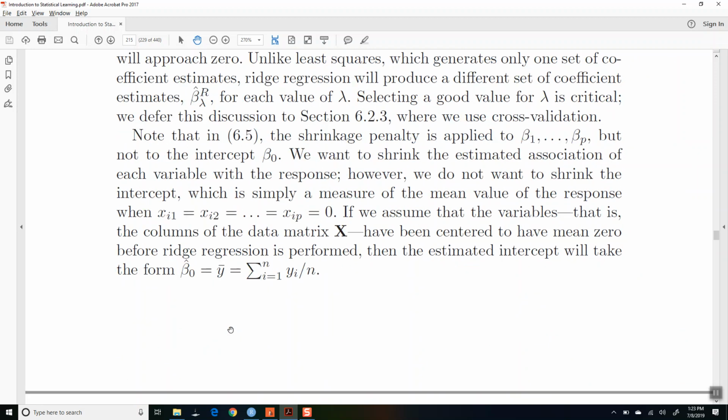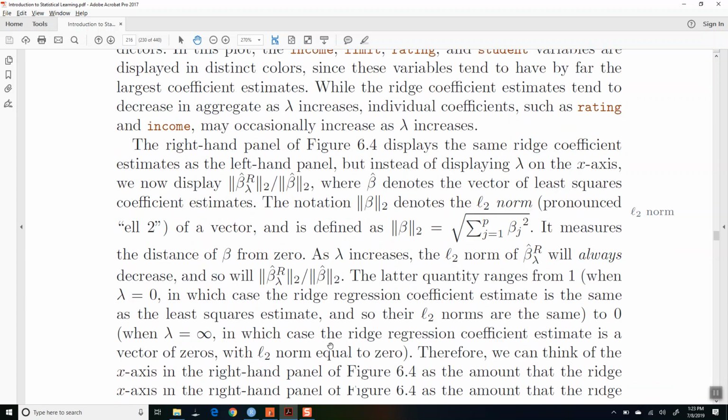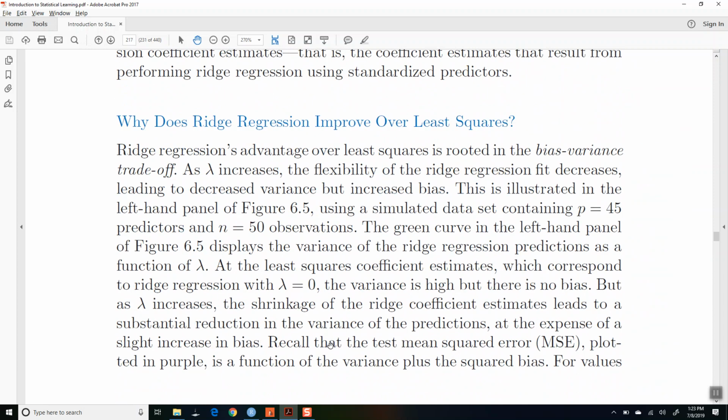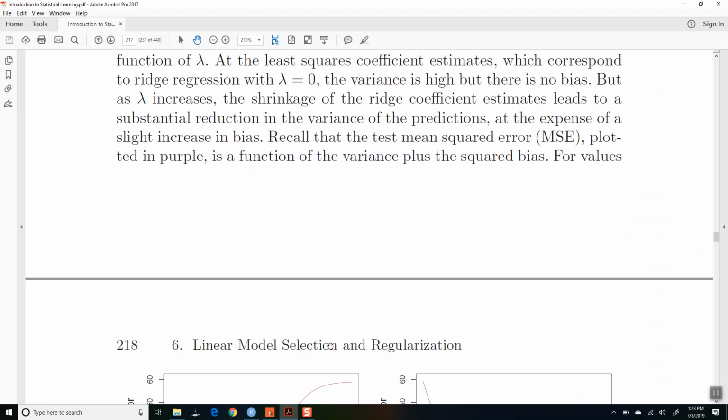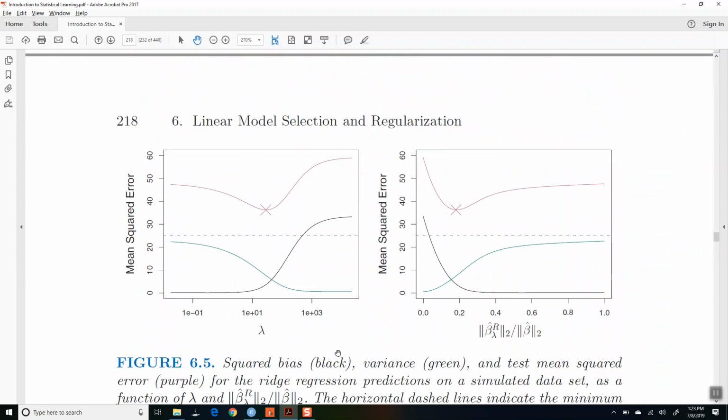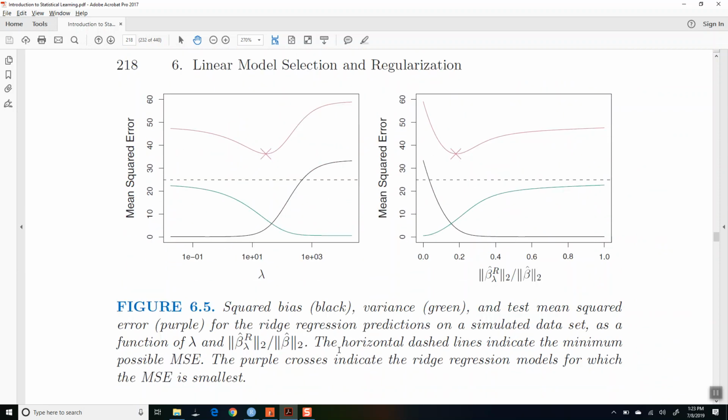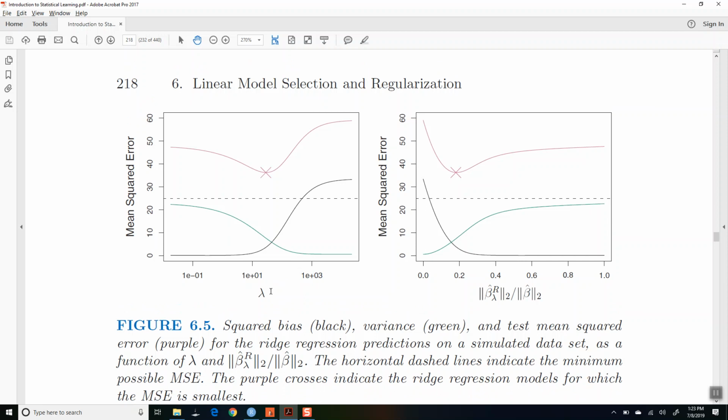Okay, so what benefit does something like this do for us, okay? It helps us in the bias-variance thing, okay? So again, one of the issues with least squares regression was that you have variance in your estimates, right? Depending on the random set of data you have, the estimates of your coefficients beta can vary quite a bit, okay?